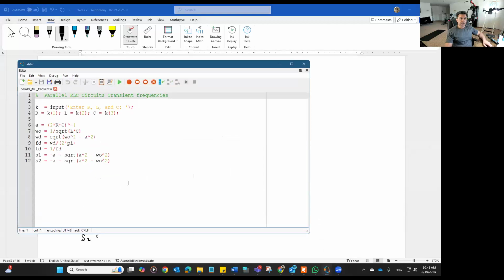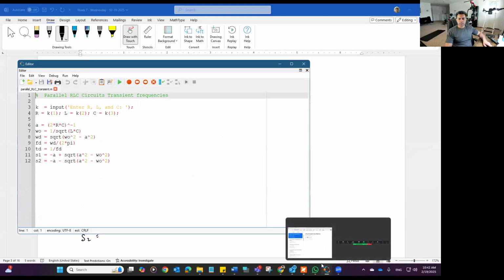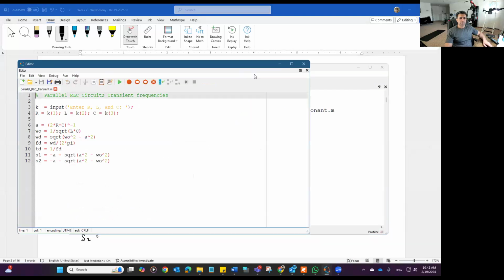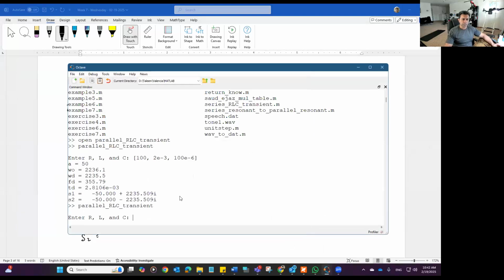This is my parallel RLC transient circuits program. I ask the user to enter R, L, and C, and then it calculates alpha, omega naught, omega d, all those things. I just put simple equations in there. R is 6, L is 7, and 1 over 42 is C.